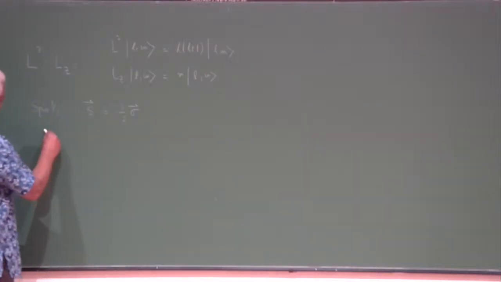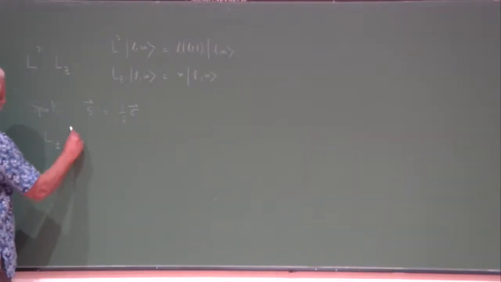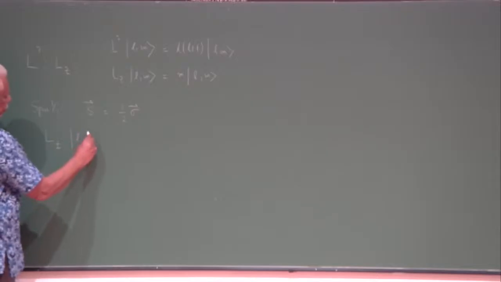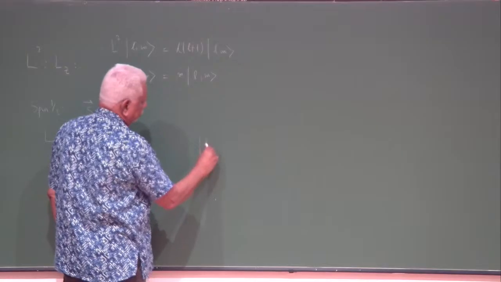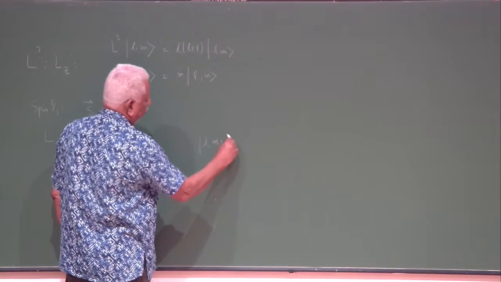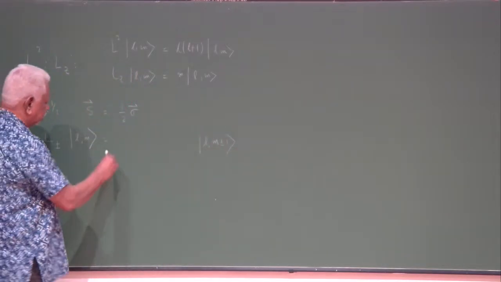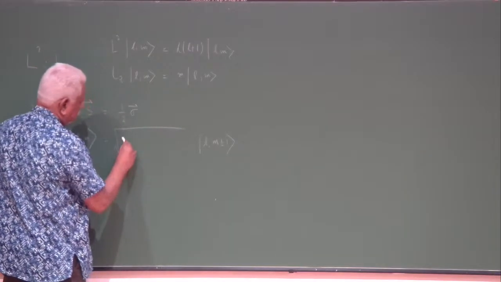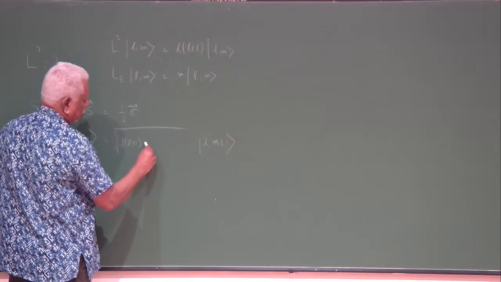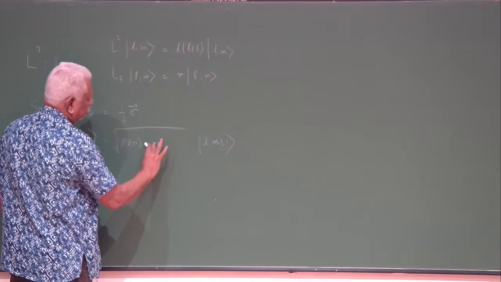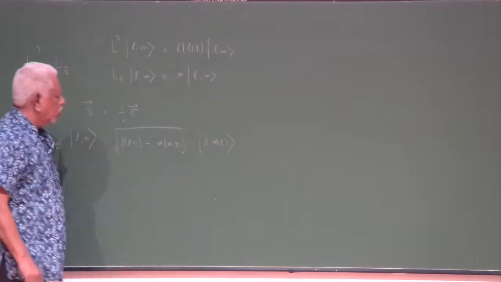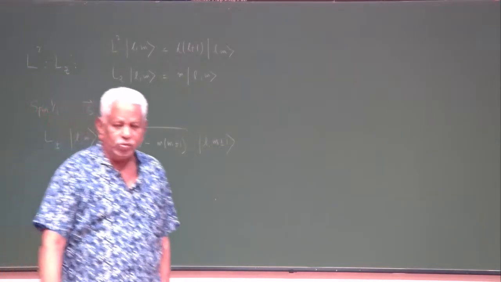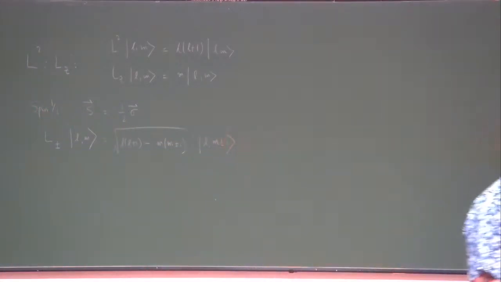And in relation to that, I also gave L plus minus acting on |l,m>, which will give me a new state with m plus or minus 1, with a square root factor here: l(l+1) minus m(m plus or minus 1). That is the relation, so in which case you can write the matrix.